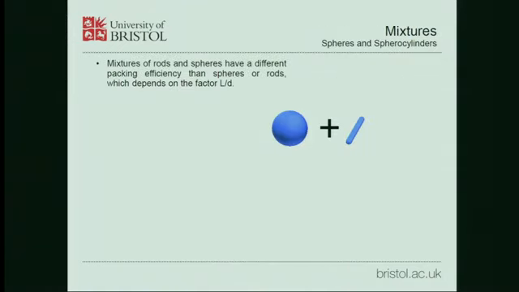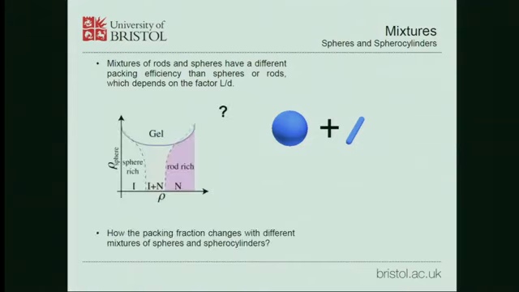So what we're really interested in is the mixtures of spheres and spherocylinders. As I told you, we're interested in seeing how these packing fractions change, and we are interested in drawing this here. I know we're not going to have any phase really, but we want to see how it looks.